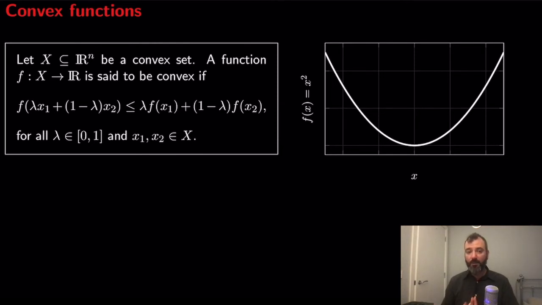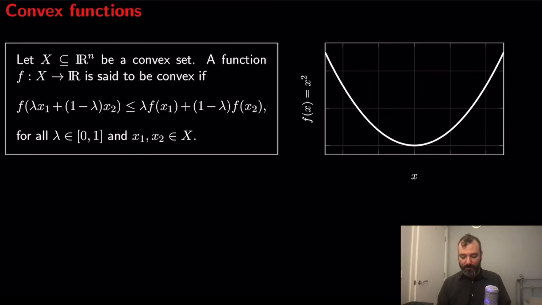Now, what is a convex function? The definition here is slightly different, but let me read out the definition first of all. Now, let big X be a convex set. We know what a convex set is already.